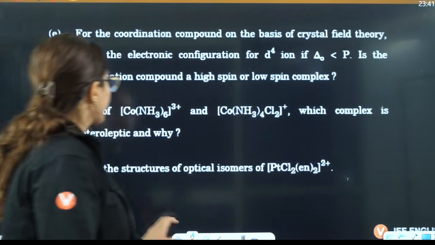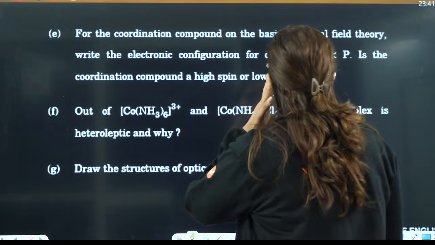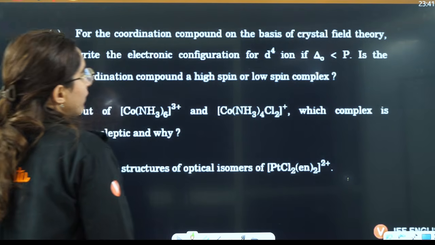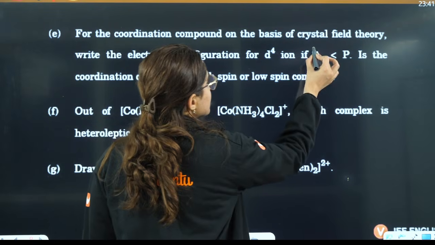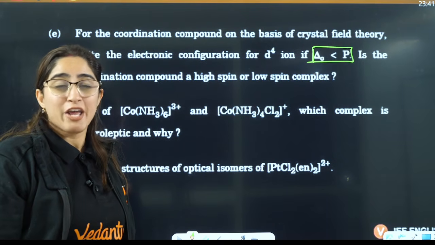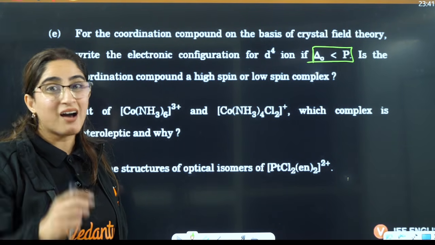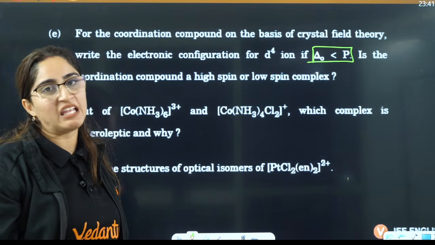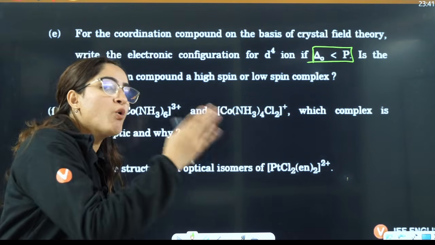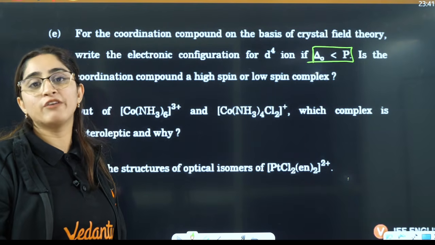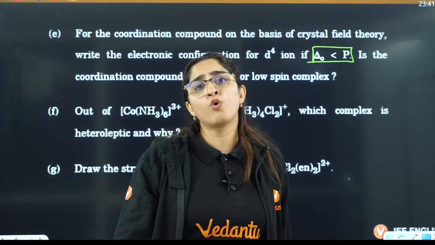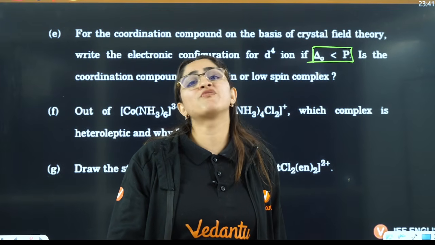Next is, for the coordination compound on the basis of crystal field theory, write the electronic configuration for the d4 ion. When this is given, understand one thing. If pairing energy is more, the expense is more, you have to spend more money, you will not spend it. It is like you have less money in your pocket. If I ask you to purchase something of 10 crores and you have only 1 lakh rupees, why would you purchase that?